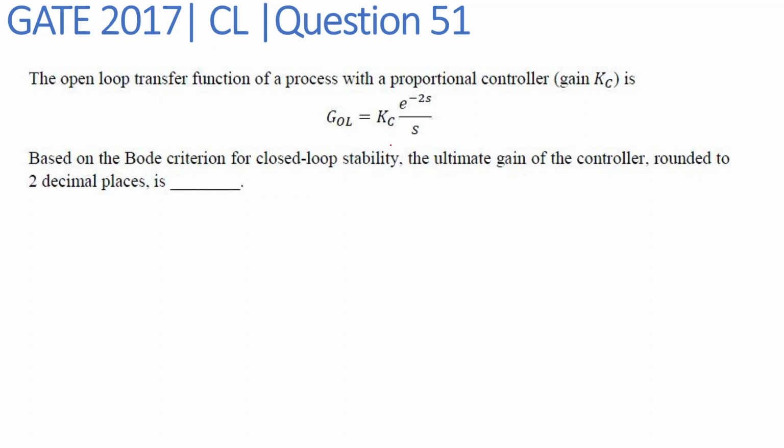So over here we have been given an open loop transfer function and have been asked to find the ultimate gain of the controller. That is, we have been asked to find the value of Ku using this Bode stability criterion for this open loop transfer function. So let's take a look at the video solution of this question.